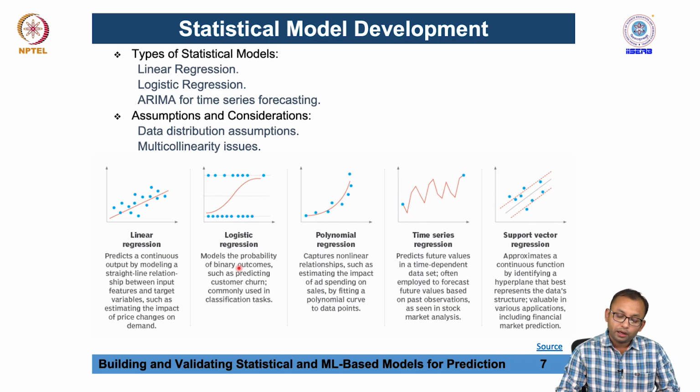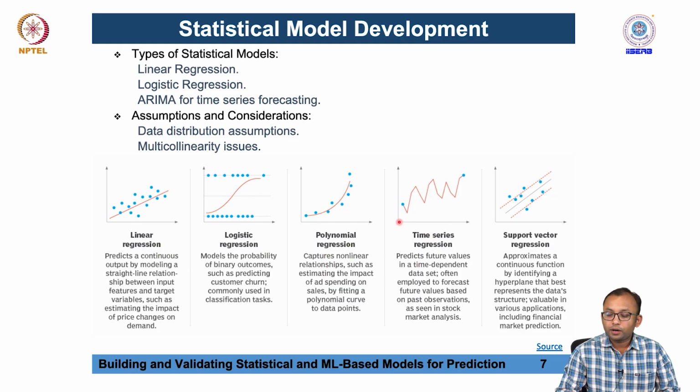In the logistic model we look at the probability of a binary outcome, 0 or 1. Let us say whether heat wave events are likely to occur, where occurrence is 1 and no occurrence is 0. Like that we predict in logistic regression models. If there is a nonlinear relationship, we use a polynomial regression model for capturing the nonlinear relationships.